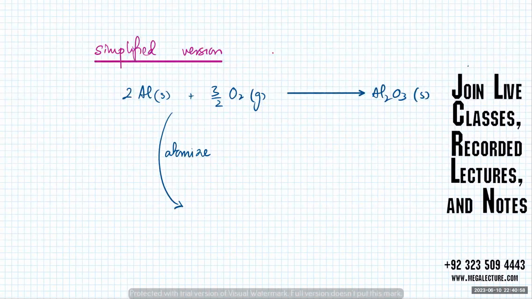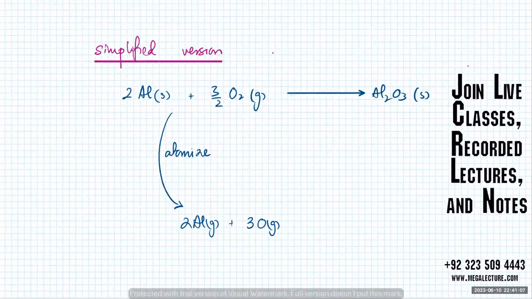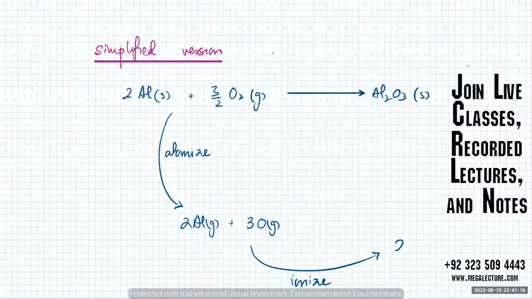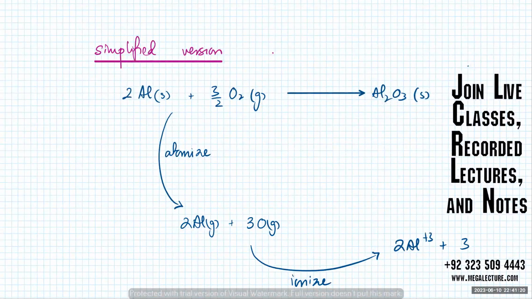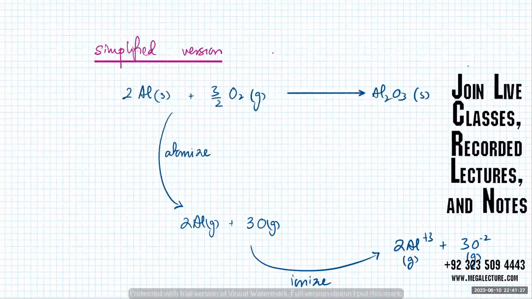So you need to turn them into 2 aluminium gaseous atoms and 3 oxygen gaseous atoms. Once you do that, what do you do next? You ionize. You turn them into 2Al3+ and 3O2- gaseous ions. And once you've done that, this is your lattice energy.